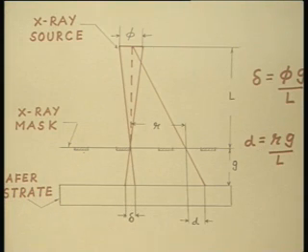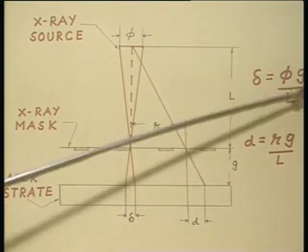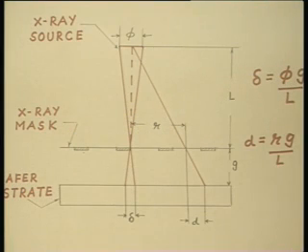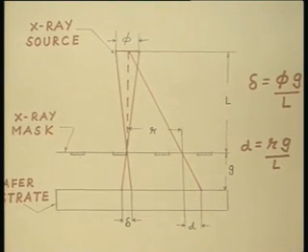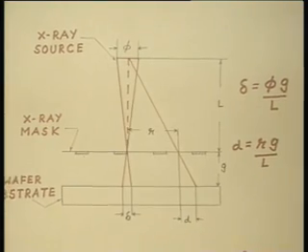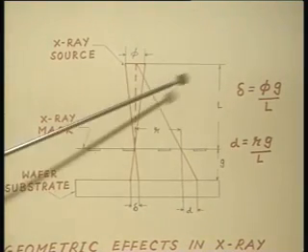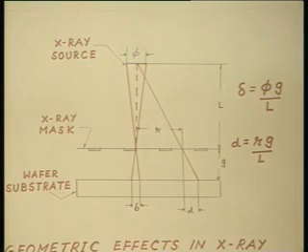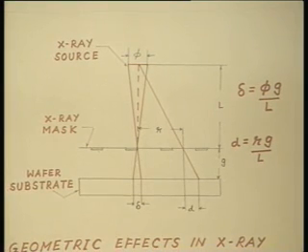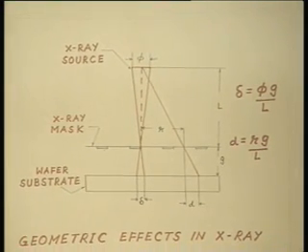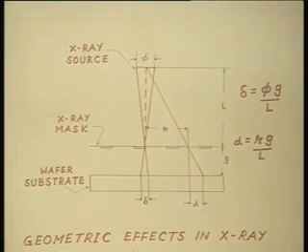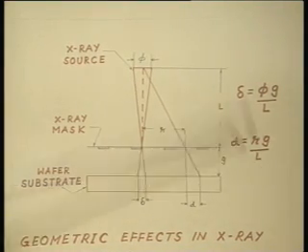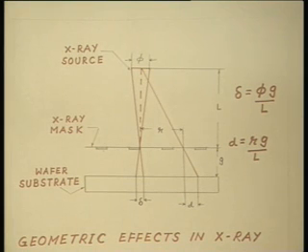So, we see that for both delta as well as d, the factor g by L is a very important parameter, where g is the separation between the mask and the substrate and L is the distance of the X-ray source from the mask. And in order to keep the geometrical effects to a minimum, this g by L should be as small as possible.